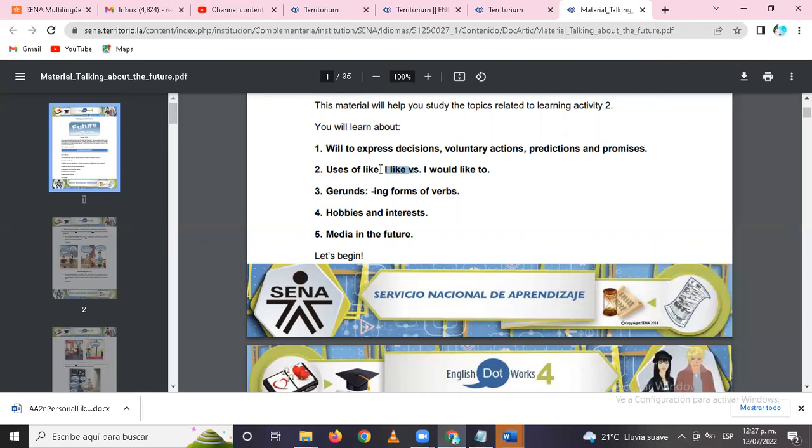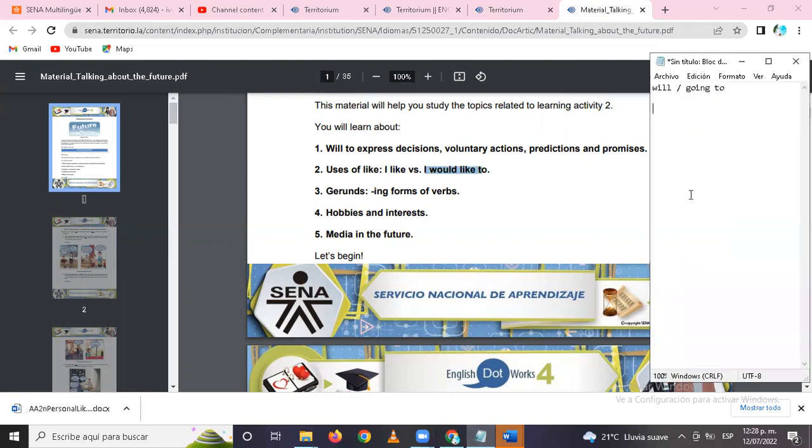Remember, that's very basic. So here we have like, but also would like. The difference between like and would like is that like is present and would like has a sense of future. So we also use would like to relate to the future.